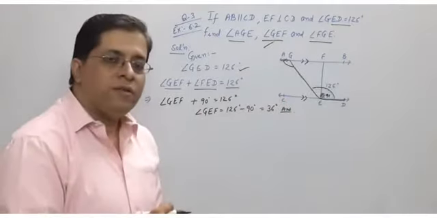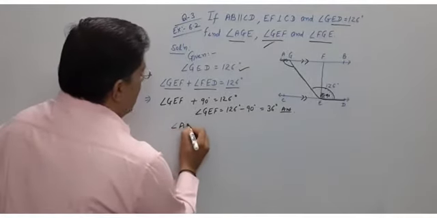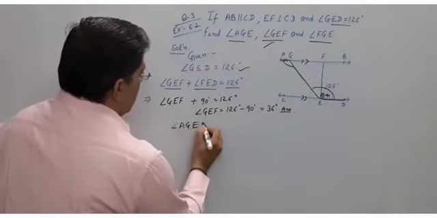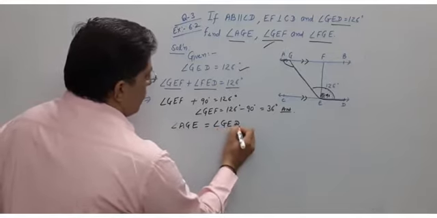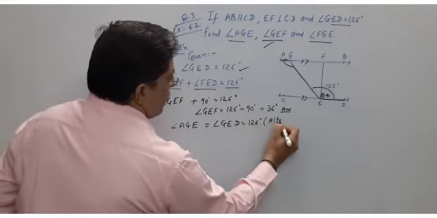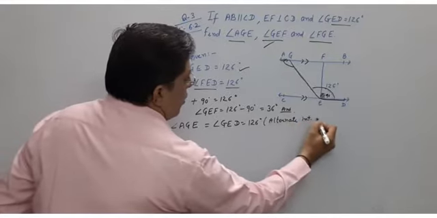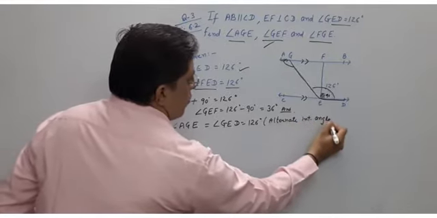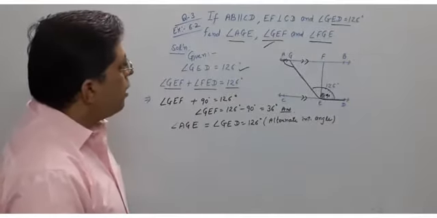Then angle AGE is equal to angle GED, which is 126 degree. This is alternate interior angle.